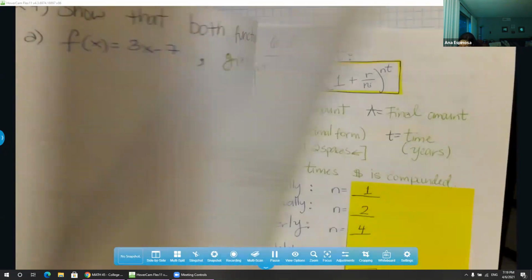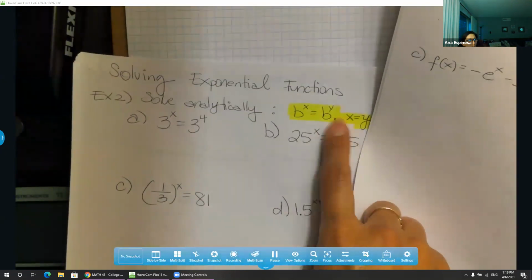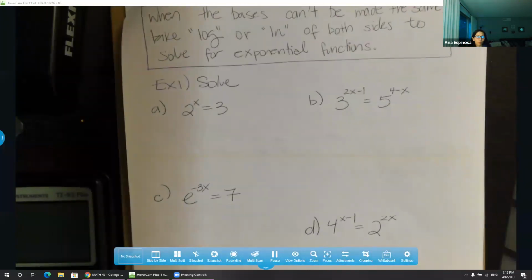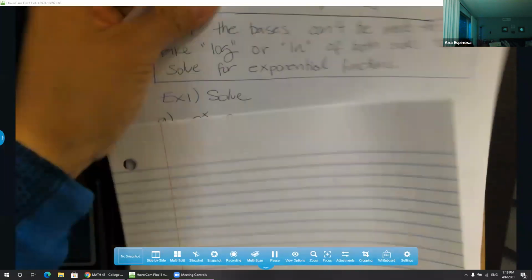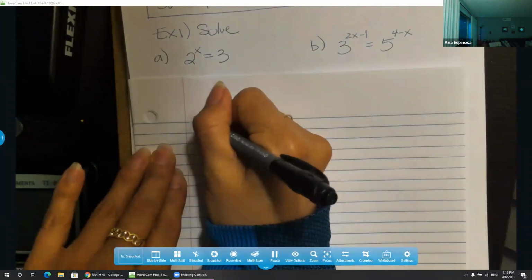Yeah, we did this one, where you had the bases the same, and then they canceled, and you were left with the exponents. Here, you can't do that. So let's see how that works. They're kind of odd, but they work very well and very easily.